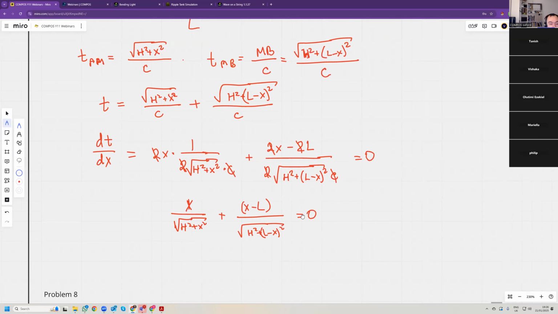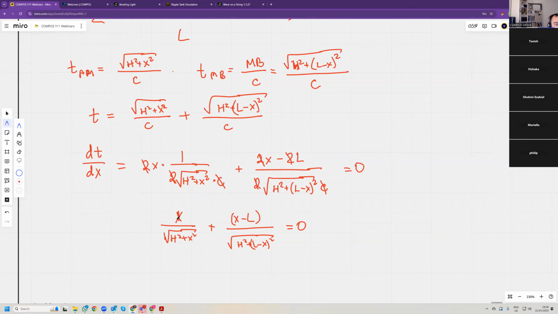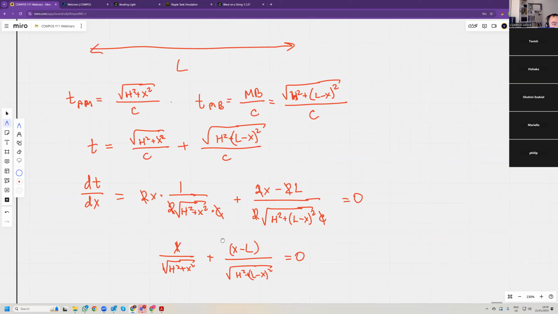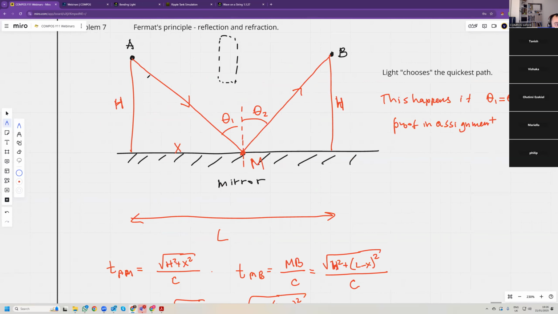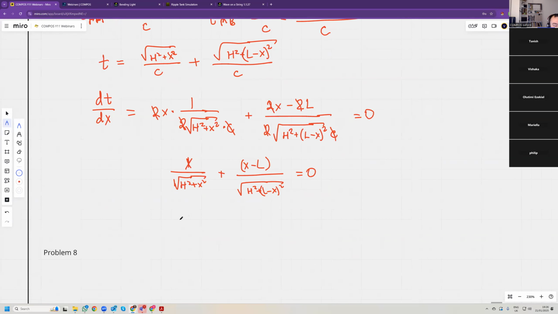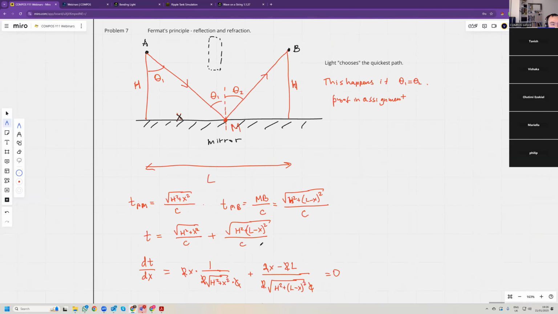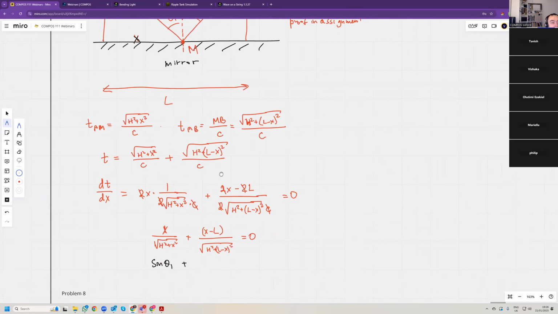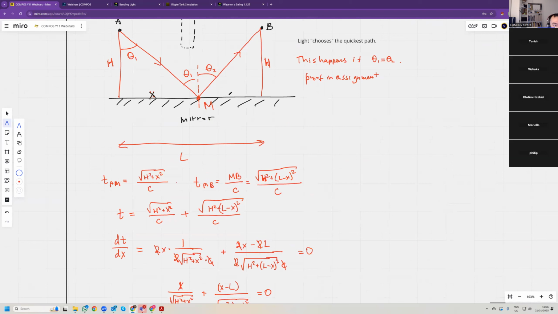Okay, this is going to be interesting. So x over root of h squared plus x squared, but that's sine theta 1. So you've got x over this, x over AM. But that's sine theta 1, plus x minus L over root of h squared plus L minus x squared, that's this distance, that's L minus x.